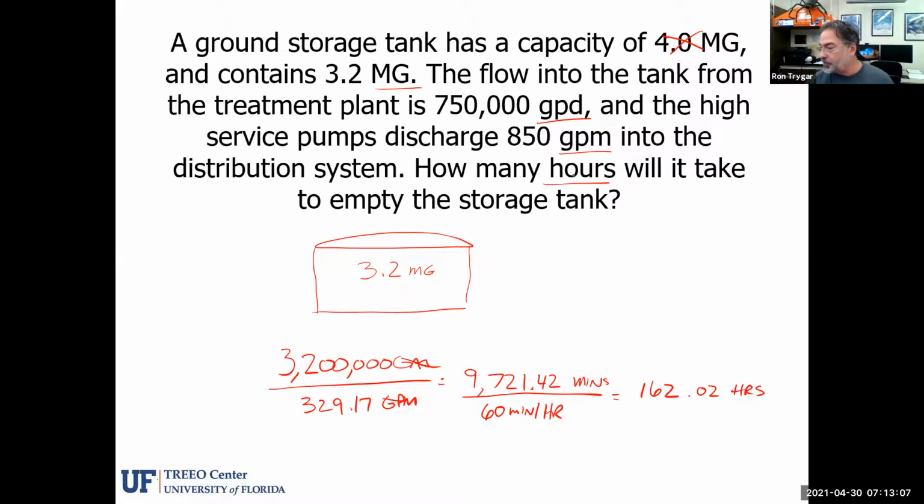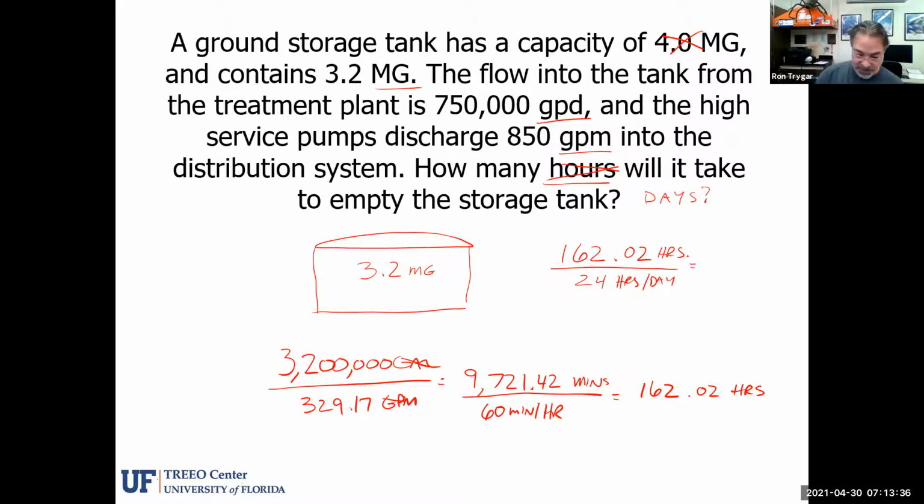But what if this said, hey, how many days would it be? What if it was days? Well, we've got one more step to do then. I'm going to move this up a little bit. So we've got 162.02 hours. And we know that there's 24 hours per day.